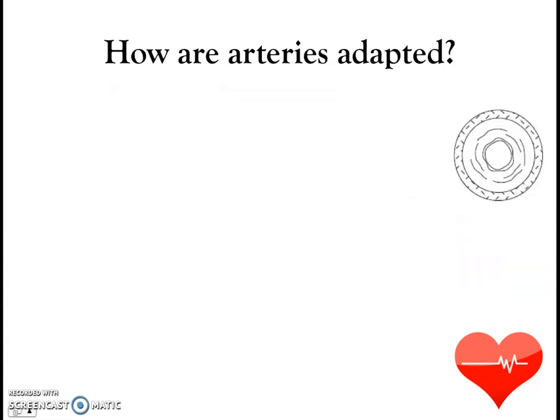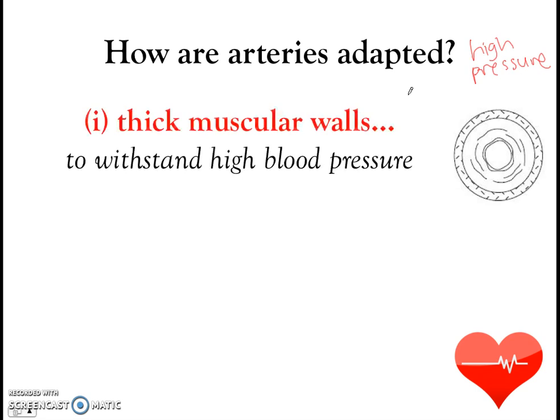So how are arteries adapted for their function? Remember, the function of an artery is to transport blood at a very high pressure. So how does the structure of the artery fit this function? Well, the first thing is arteries have relatively thick muscular walls compared to veins and capillaries.